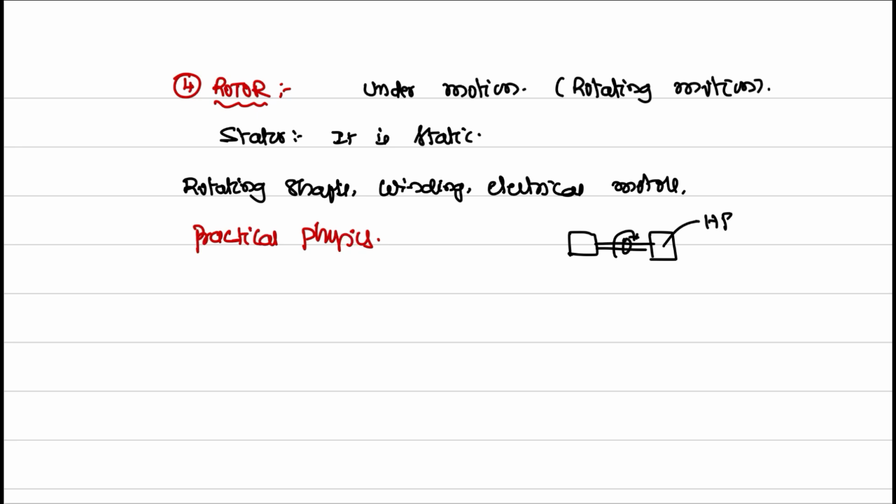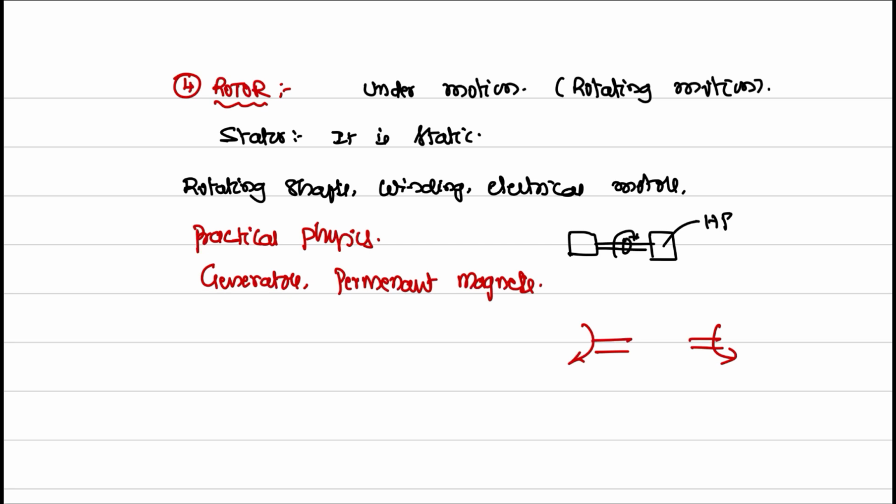Physics can never be always theory or read in the textbook. It's practice. You might have seen many rotating equipment in your house. All these come under rotor. Permanent magnets, generators, are all examples of rotors. Something is rotating in this direction, something in that direction.